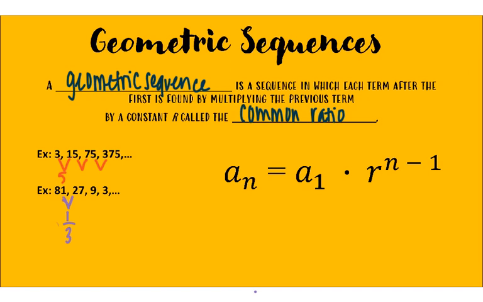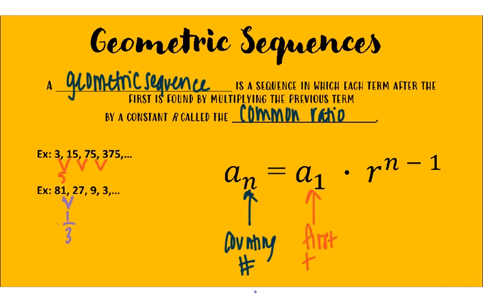For us to better understand geometric sequences, we have to understand the formula that is used to obtain terms. On this formula, whenever you see a sub n, n is considered a counting number. That's the number that you're trying to get to. Whenever you see a sub 1, this is always your first term.